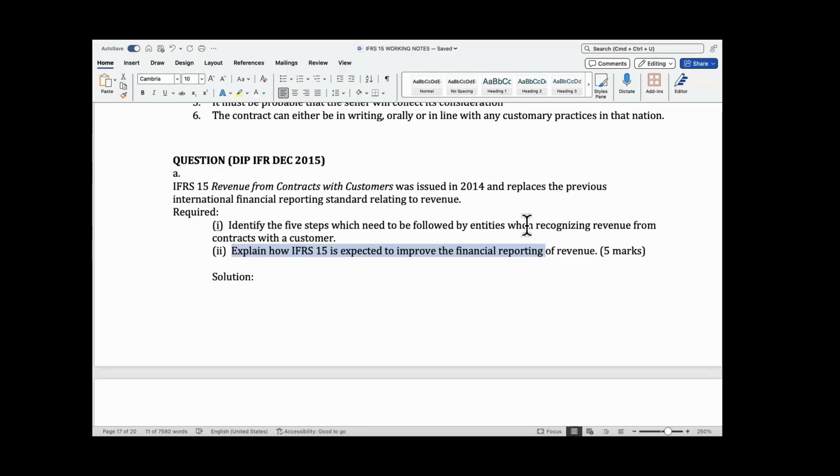It enables revenue to be recognized appropriately, as in to recognize the true revenue. Okay, that's a good trial.